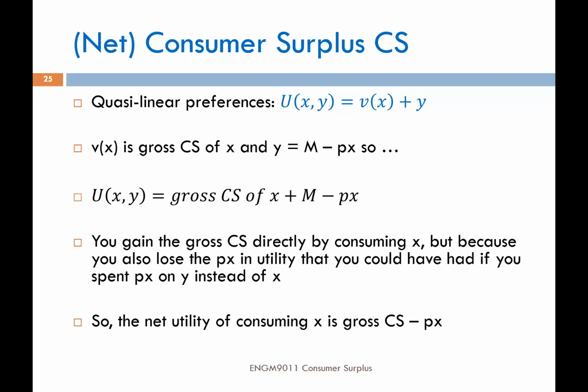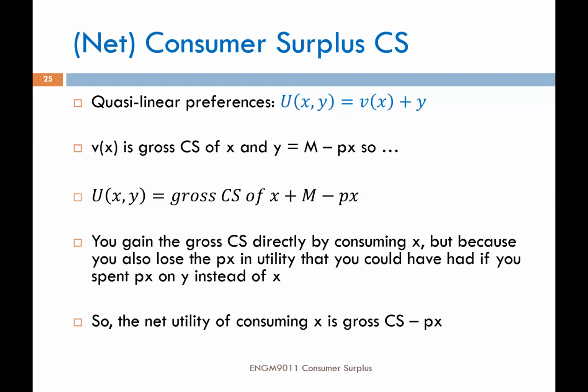So the way of thinking about this is that when you consume the bundle XY, you're getting a gross consumer surplus of good X. That's how much X is making you happy. However, in consuming good X, you had to pay for it. And how much did you pay for it?